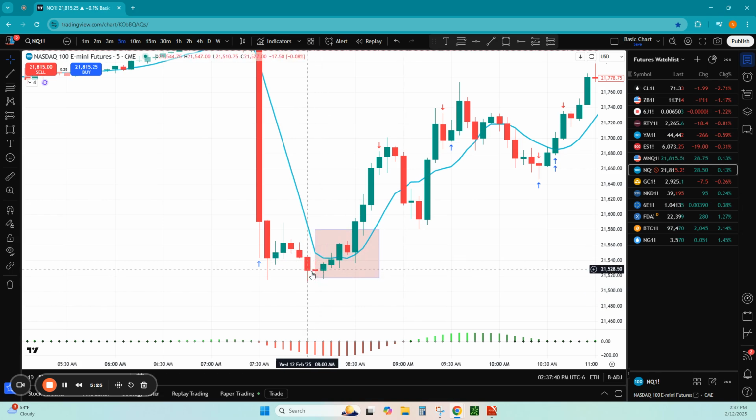A doji is when the body of the candle is right smack dab in the middle, which signals to us that there is not a lopsided group, bears or bulls, that were in charge within this 5-minute time frame. It's a balance. It's a really nice balance of buyers and sellers.